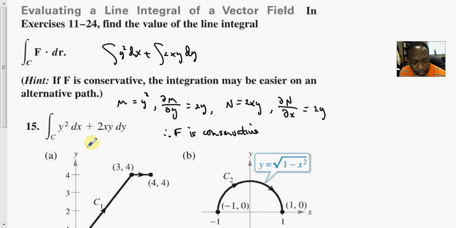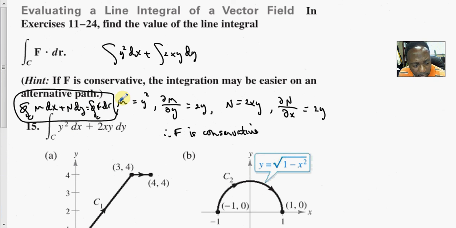The differential form is the line integral of m dx plus n dy. That's the same thing as the line integral of f dot dr. One form is vector notation, the other is differential form. Both are equivalent.